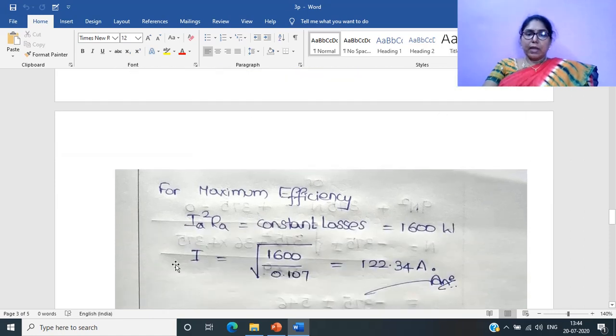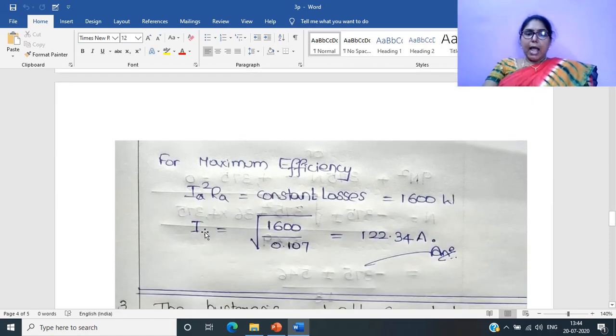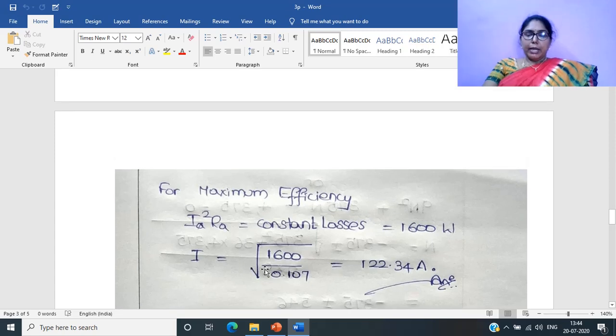By substituting these values in the equation, we get I equal to the square root of 1600 by 0.107. By simplifying this, we get the current corresponding to maximum efficiency as 122.37 amperes.